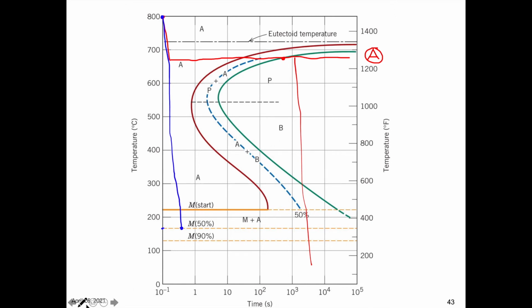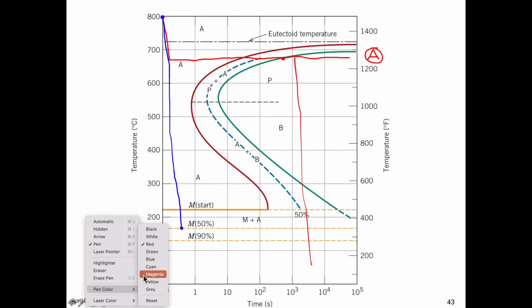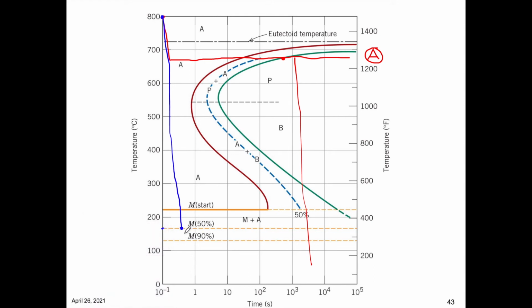Here, on the other hand, let's switch back and consider this second one. In this case, if I have 50% austenite and 50% martensite, if I continue to cool down, you'll transform the rest of that austenite into martensite. So the only way I can maintain 50% martensite and 50% austenite is to hold at this temperature indefinitely.